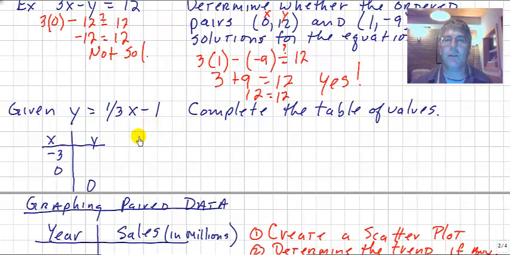So you've probably done this in grade school as well. Given y equals 1/3 x minus 1, complete the table of values. So we're really asking you, okay, if we give you an x of negative 3, what's y going to be? So this one's set up for you. It's not in standard form, but it still is a linear equation where we're given x is negative 3.